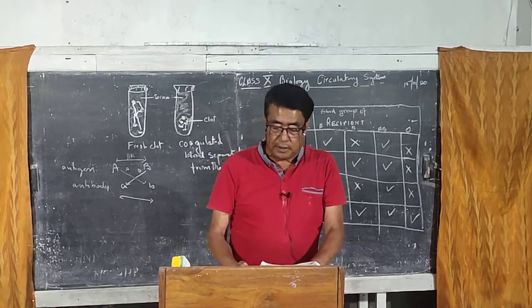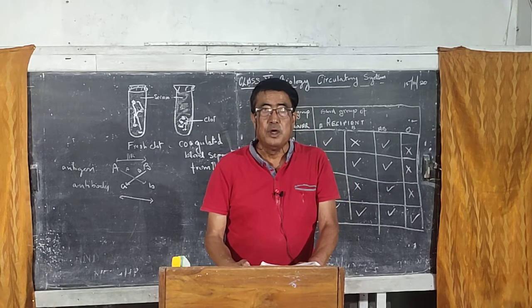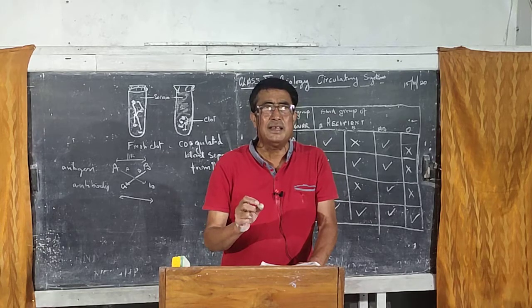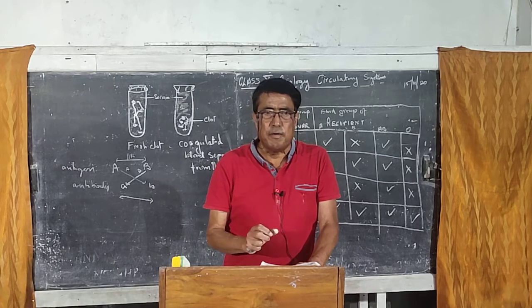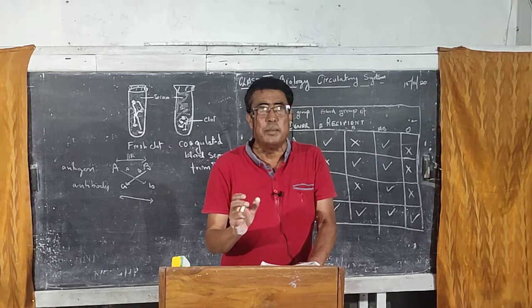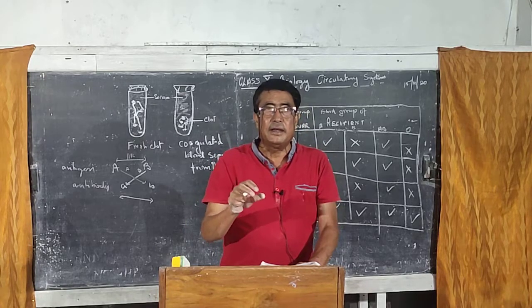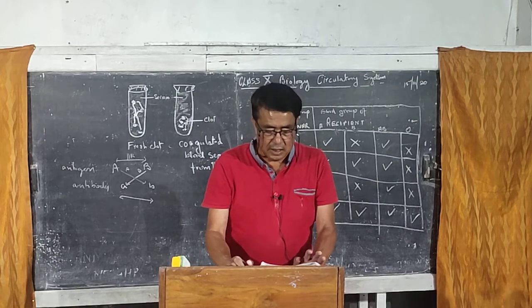Thrombin reacts with fibrinogen to convert it into fibrin, which are microscopic thread-like structures which entangle to form a network, and the blood cells come and get collected in this network and thus form the clot.